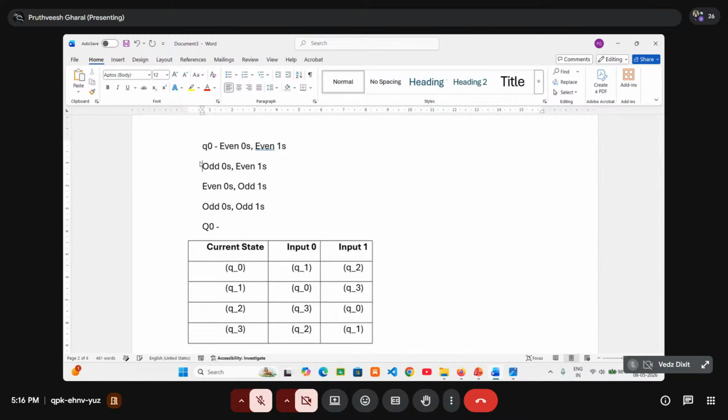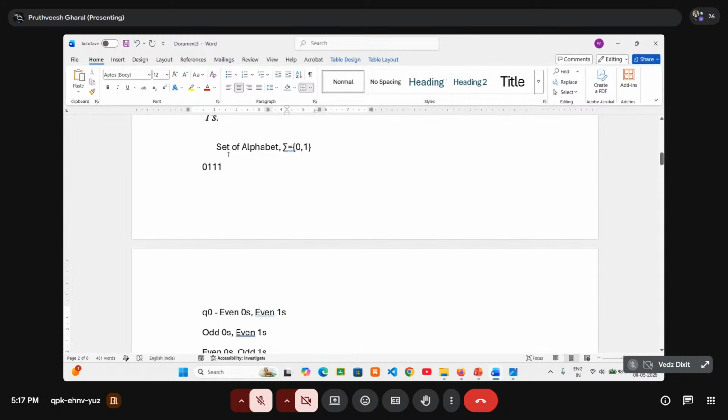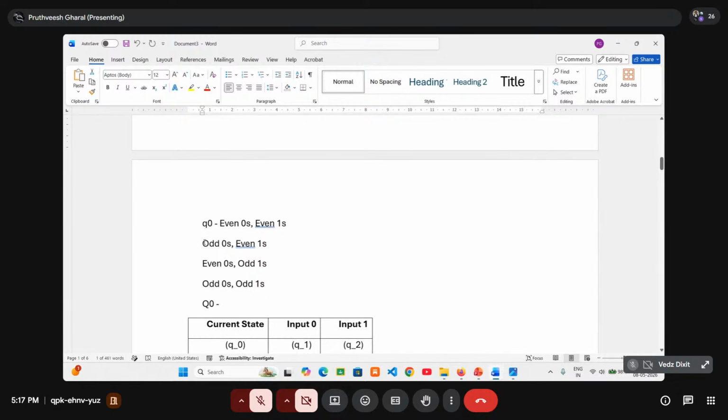Now, when it moves to Q1, when it reads the input 0, the balance will shift. Now there are an odd number of zeros and an even number of ones.